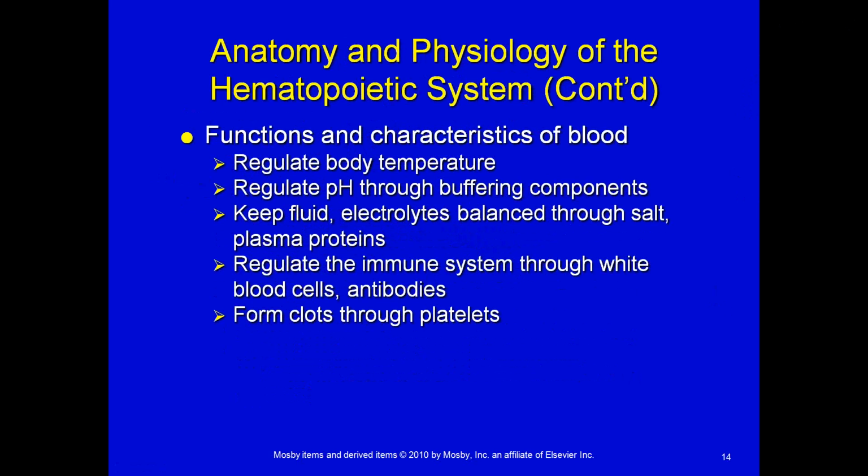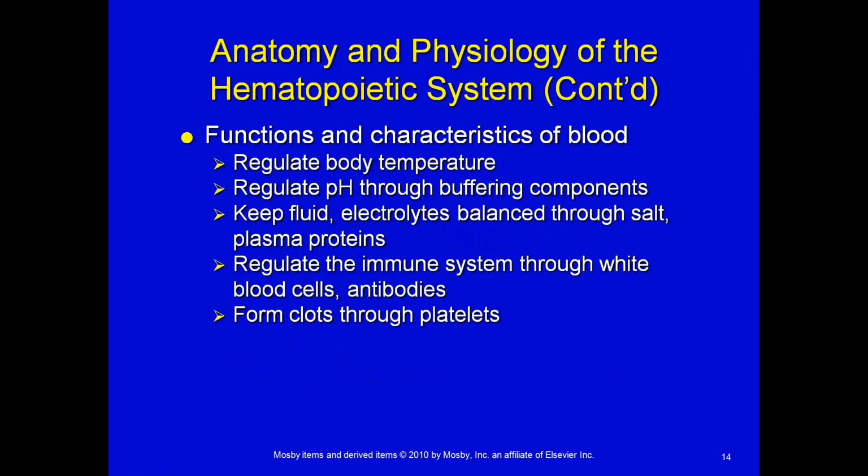And when you have a lot of hydrogen ions in your bloodstream, and your pH is lowered and you become acidic, it's the bicarbonate ions in your blood that help buffer that hydrogen, turn it into carbonic acid, which is a very weak acid that dissociates into water and CO2, and you exhale the CO2. So blood does help regulate your pH.